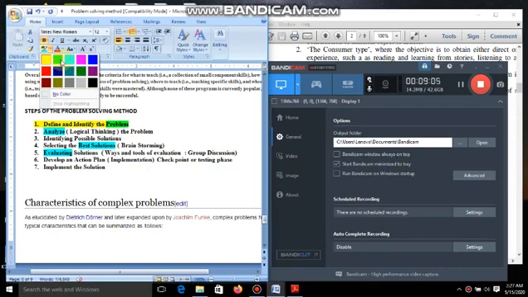Okay, this is the color. So dear friends, the flow ends here at implement the solution.